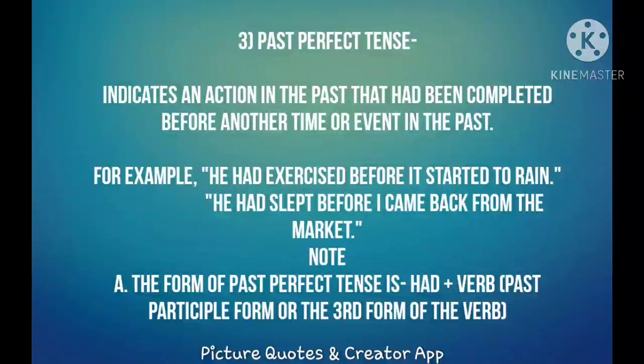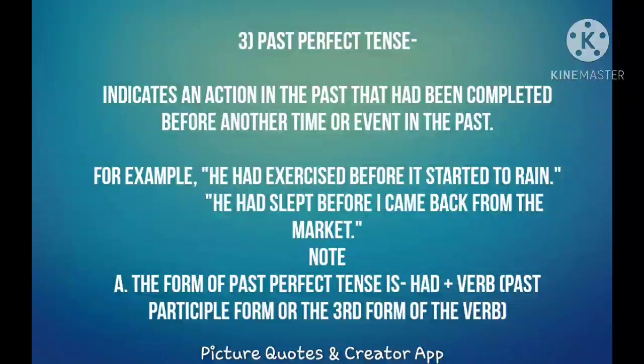Look at the example: he had exercised before it started to rain. Here the first action is the exercise someone has done, so it should be said in past perfect. The second action can be said in simple past. So remember that when you indicate two actions, the first action should be mentioned in past perfect tense.